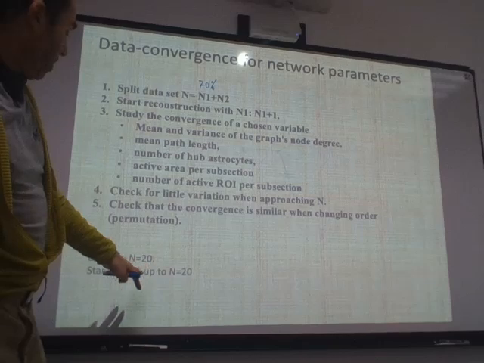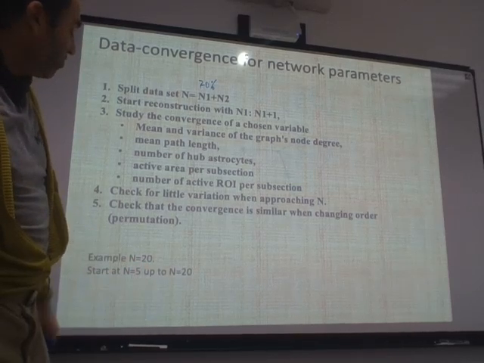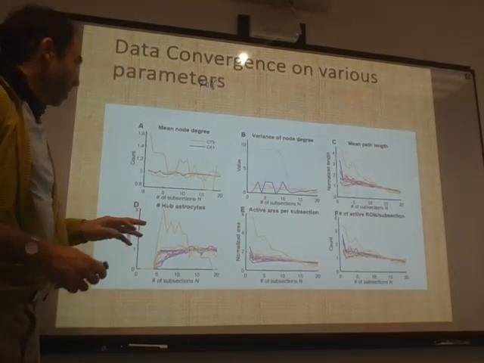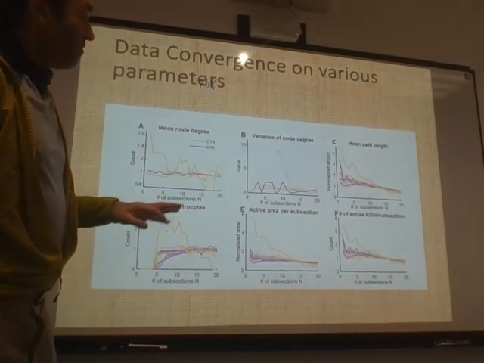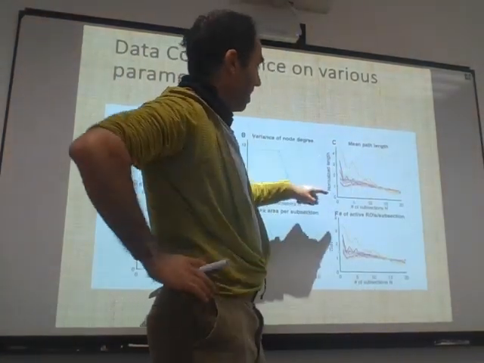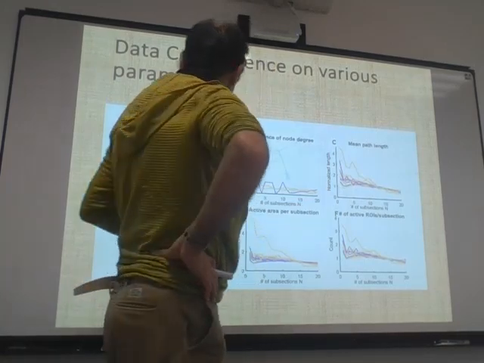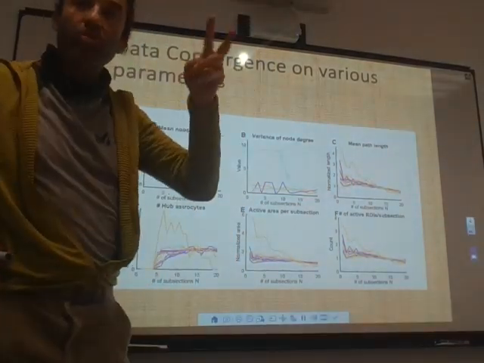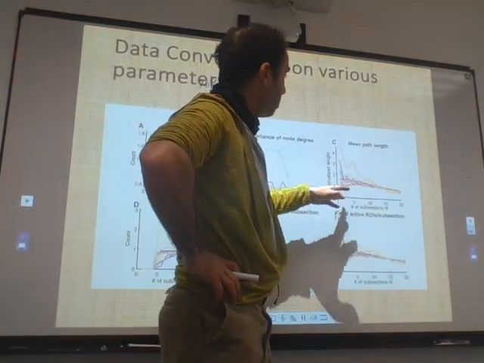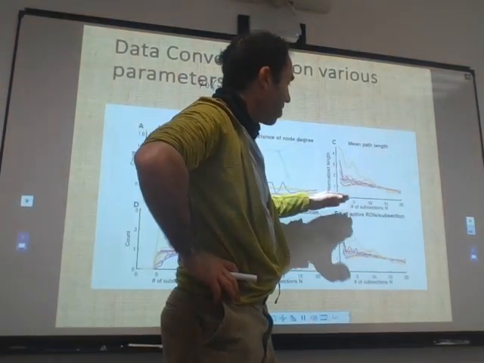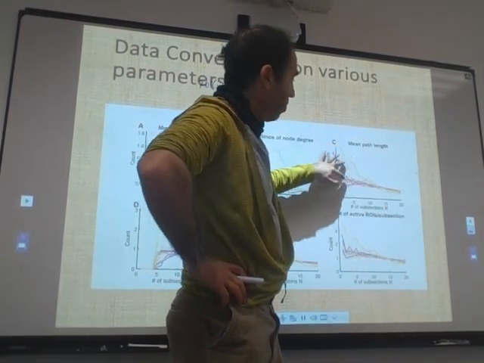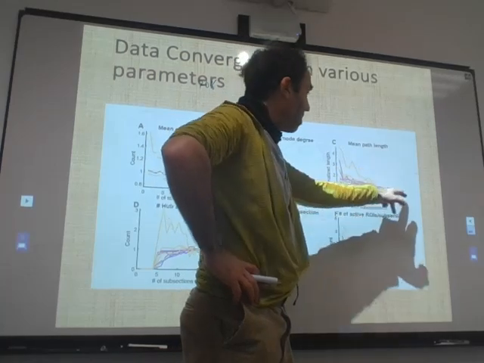So we had n equals 20, we started at 5, and that's the result. For example, let's go to the mean path length. It's the most clear. The color means the different, we have the two regions. So we started here, you normalize the length, and we added things. And what we saw is after 10, there was little change.